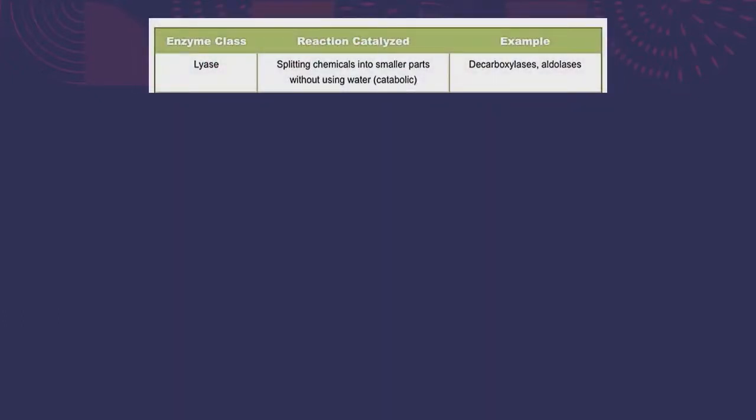Another group of enzymes is the lyase group. The examples given here are the carboxylases and aldolases. The function of lyase enzymes is simply splitting chemicals into smaller parts without the use of water.